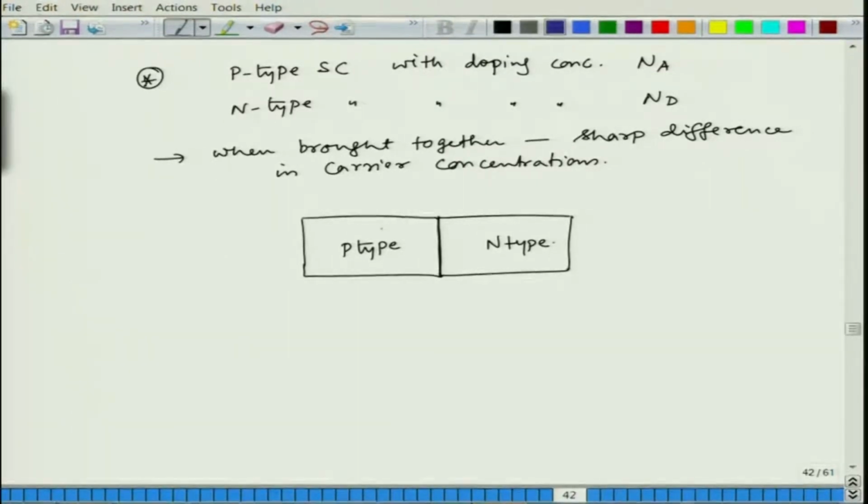Here the holes are dominant. So, they will try to diffuse to the other side, because holes are fewer in the n type semiconductor.